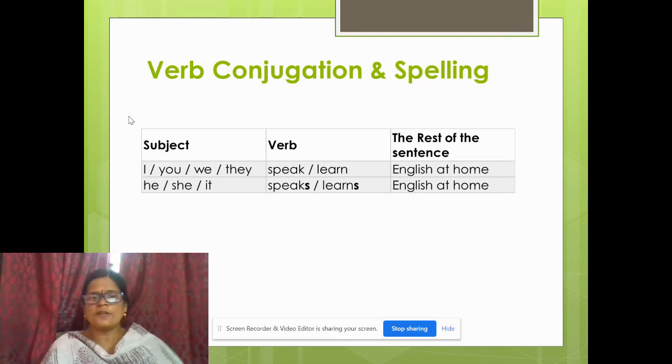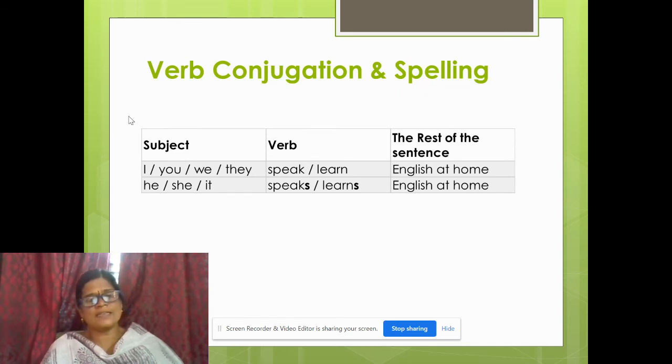Coming to the next one, I have given he, she and it. He, she and it belong to the third person. If the subject falls under the third person, then the following verb ends with s. In simple words, V1 plus s.